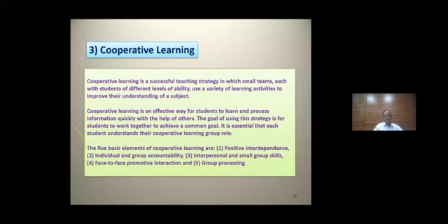All these things are going to get enhanced when cooperative learning is introduced in education institutions. Therefore, this third aspect, cooperative learning, is very, very important. When the student joins the industry, he will not have any difficulty in carrying out his work.